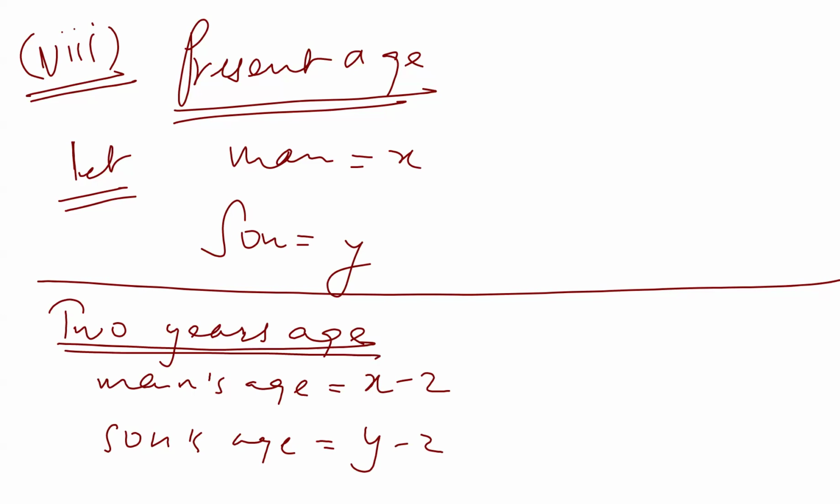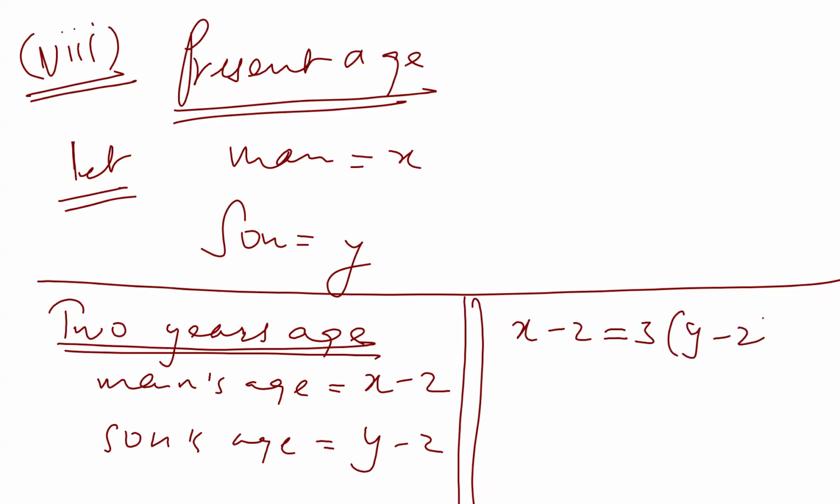2 years ago, a man's age was 3 times the square of his son's age. So 2 years ago, the man's age is x minus 2. Was means equal to 3 times. 3 times what? Son's age, which is the age 2 years ago. So x minus 2 is equal to 3 times y minus 2.